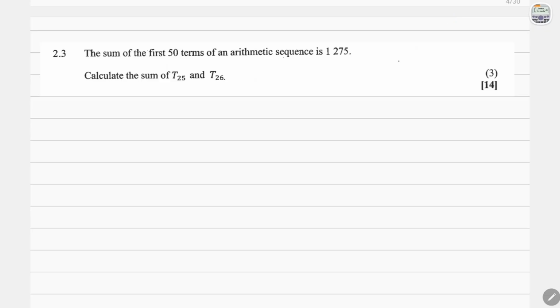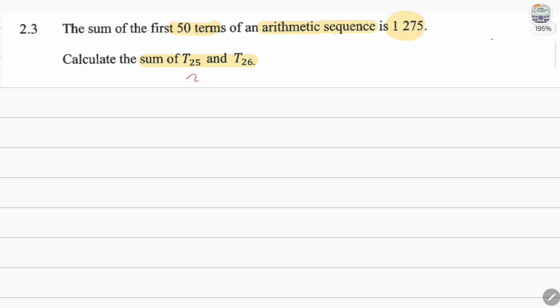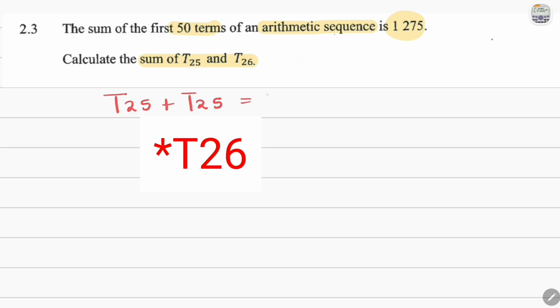Question 2.3 says, the sum of the first 50 terms of an arithmetic sequence is 1275. Calculate the sum of term 25 and 26. So what they're asking us to do is find what term 25 plus term 26 is equal to.